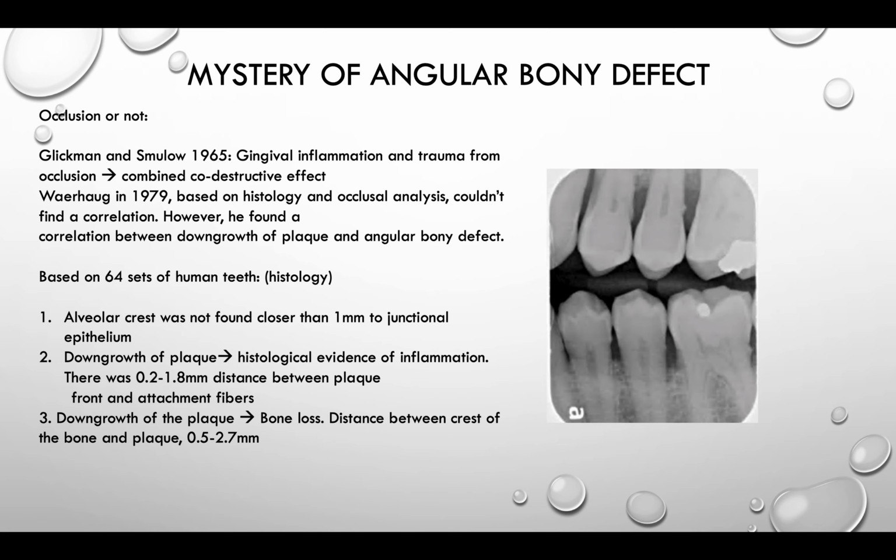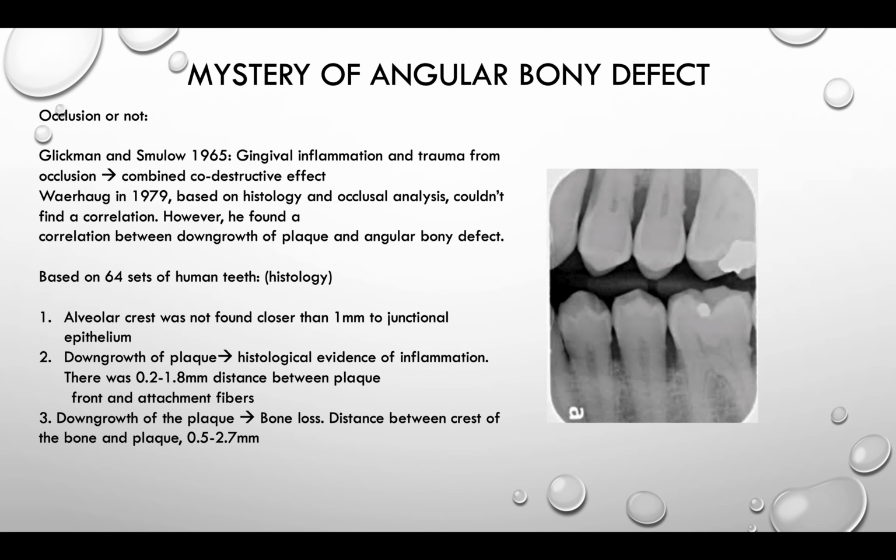He found inflammatory cells in almost all the specimens, and there was about 0.2 to 1.8 millimeter distance between the plaque front and the attached fibers. It's the same thing: there is inflammation and destruction of the tissue.